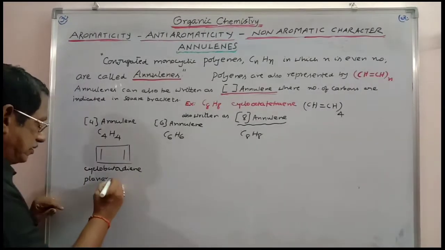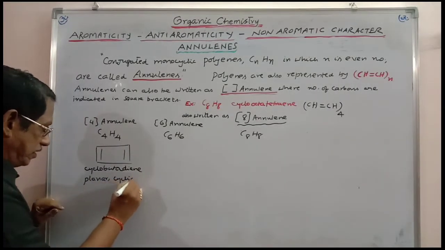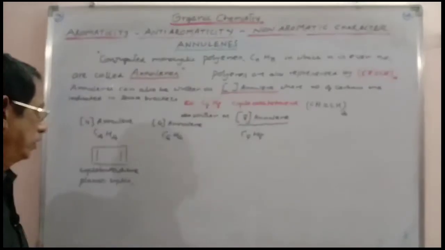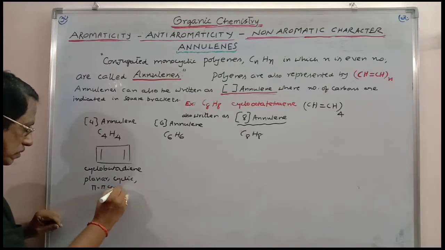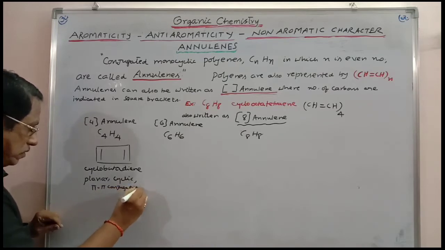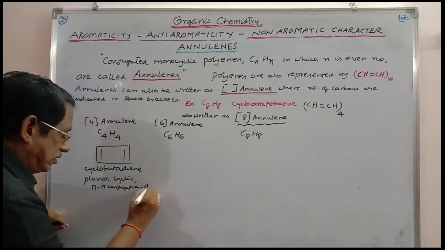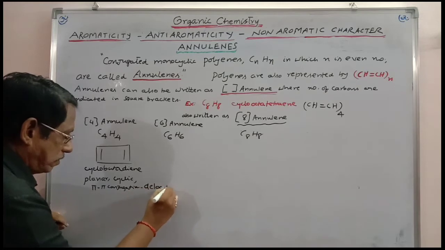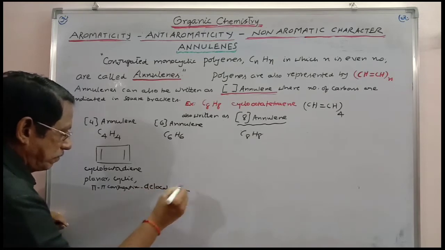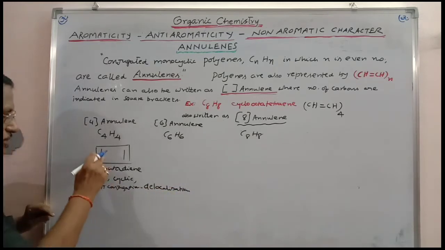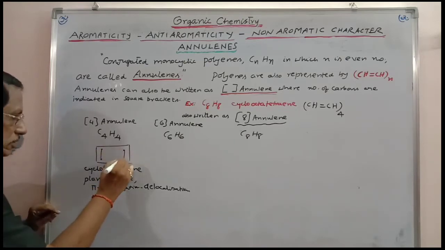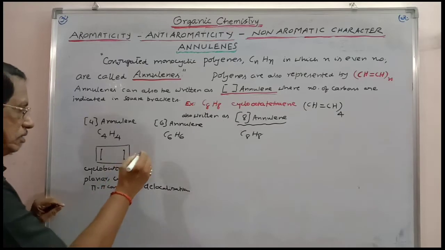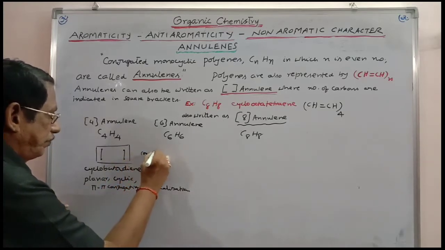Also it is cyclic, a cyclic planar structure. Pi conjugation is there, so delocalization is there. In this delocalization, these are 2 electrons in the sharing, these are 2 electrons in the sharing, these are mixing, and we can write it in this manner.